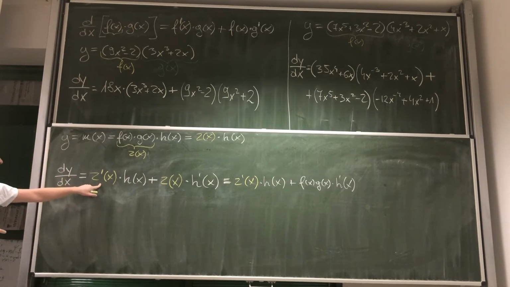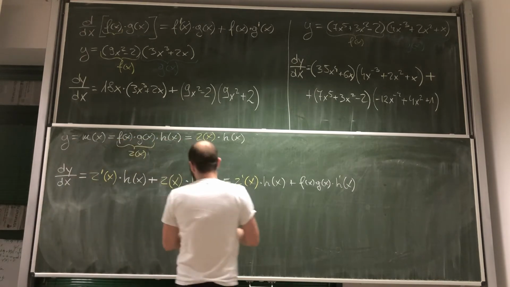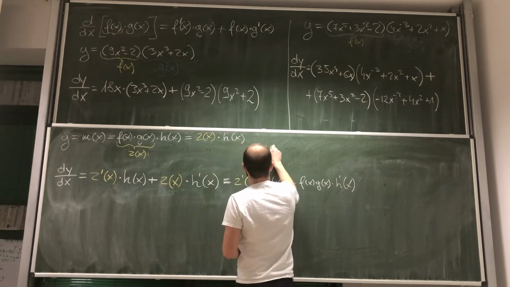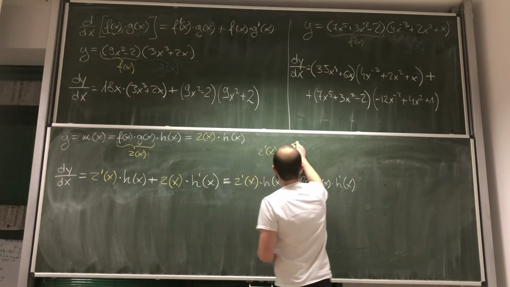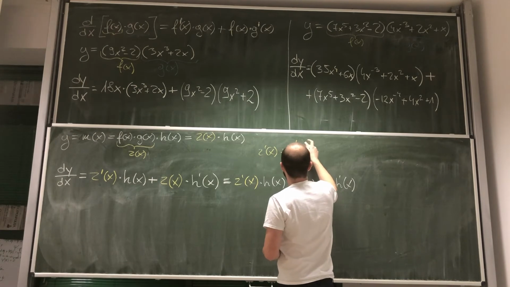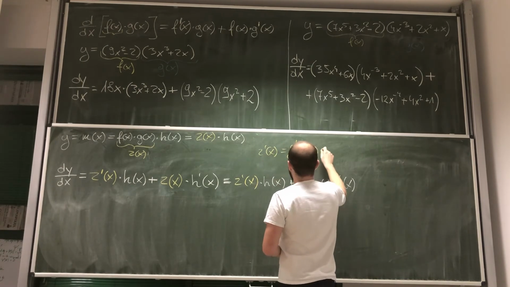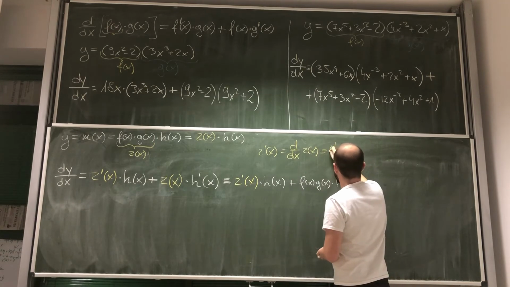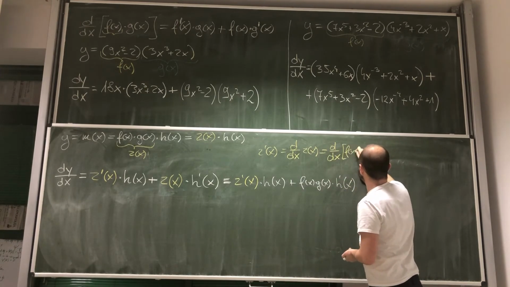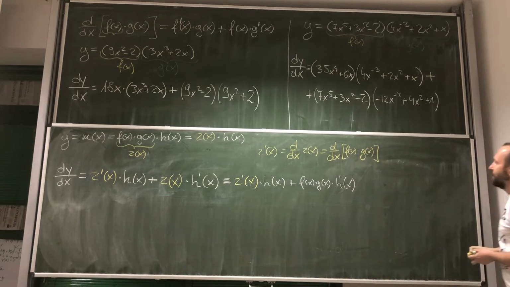But is it really that complicated? z prime of x is just the derivative of z of x, so this is the derivative of f of x times g of x.